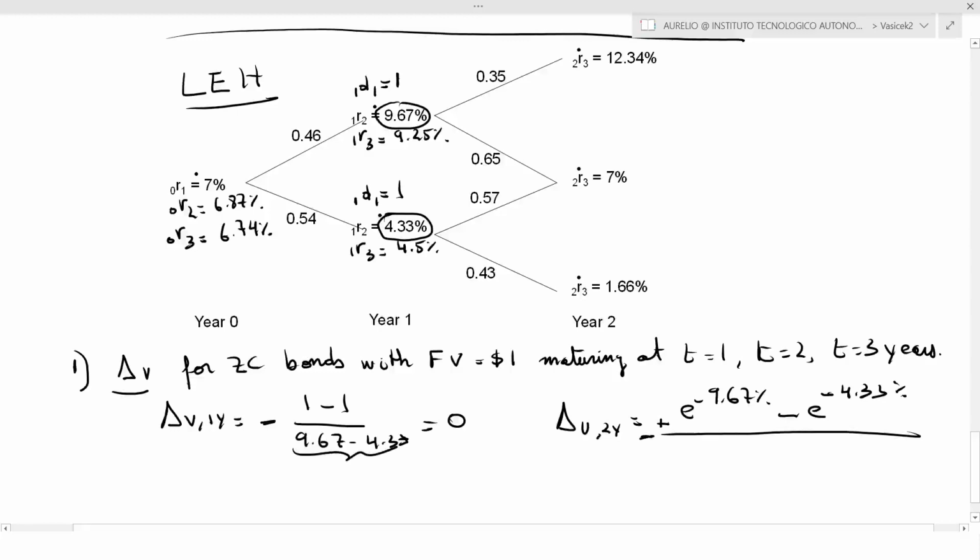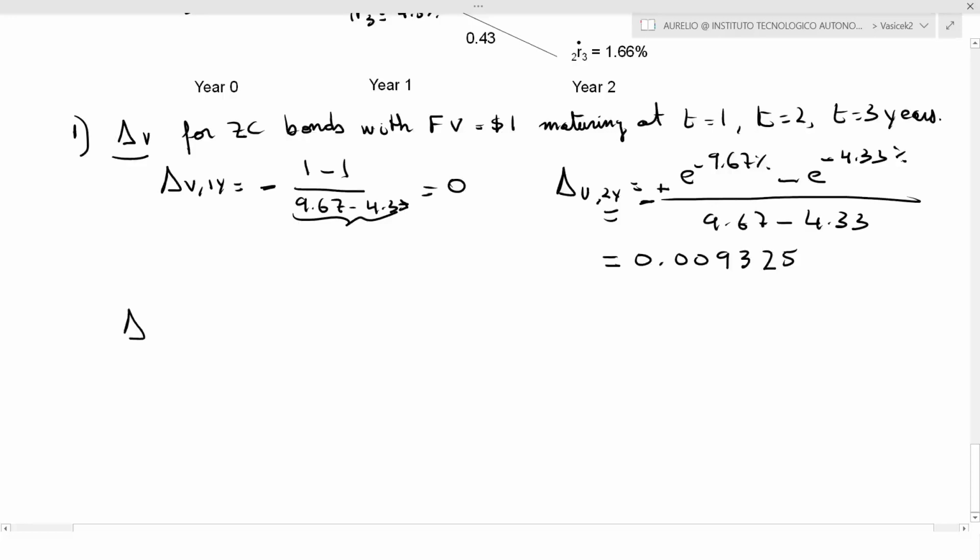So we take exactly the same rates, even though this is being computed for the 2-year bond. So this is going to be 9.67 minus 4.33, and we're going to get 0.009325.